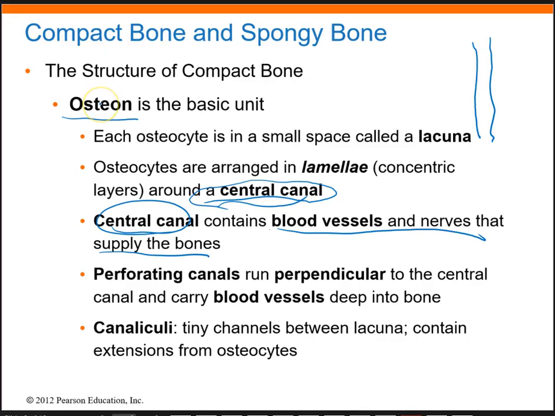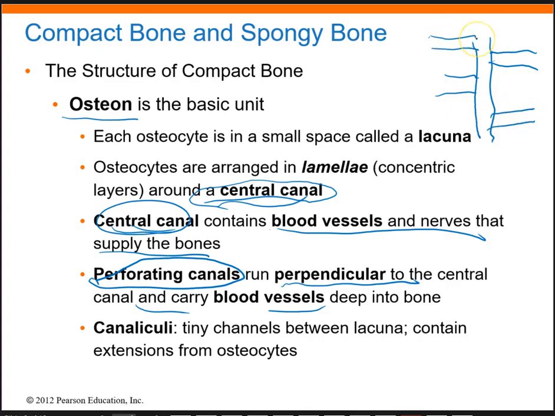So in the middle of each osteon, there's a central canal. And then there are perforating canals that run perpendicular to the central canal. So the central canal's in the middle, and then there are perpendicular canals like this that go out sideways. And again, those are all just there for blood vessels. Then we see that radiating out in a circle around this central canal, we have our cells, our osteocytes.